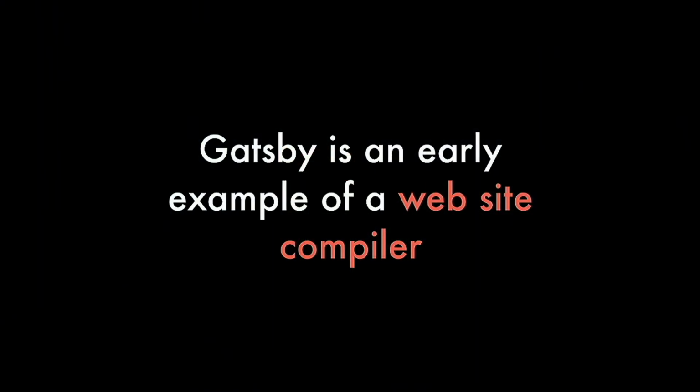Yeah, so let's skip over some things. I think of Gatsby as an early example of what I think will be dominating tools in the future, which is website compilers.